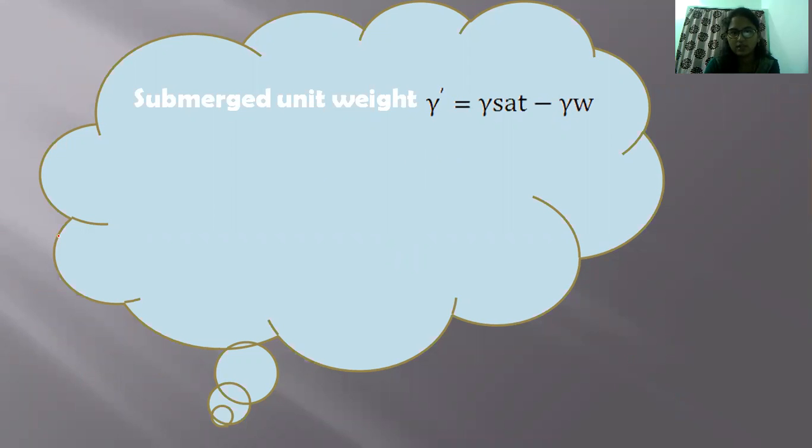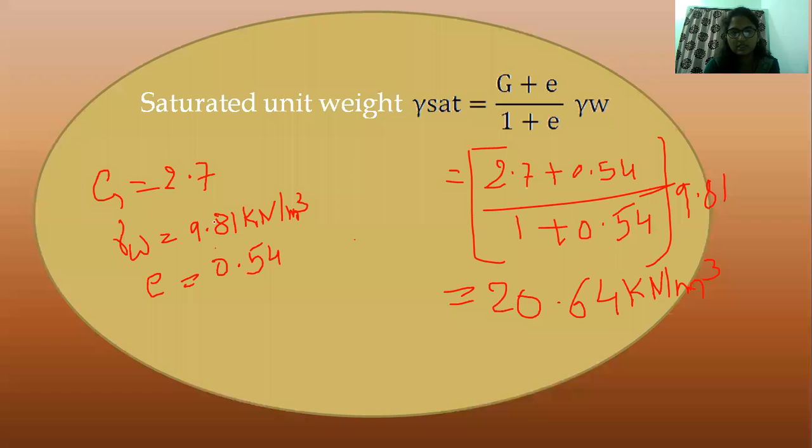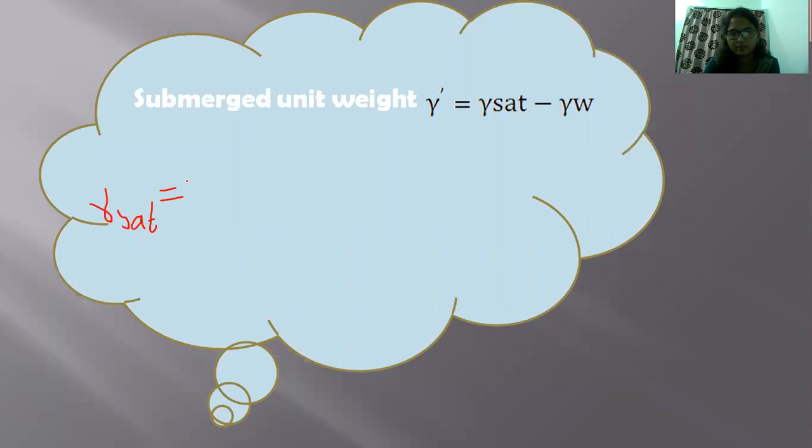Gamma sat is 20.64 kilonewton per meter cube, and unit weight of water gamma w is 9.81 kilonewton per meter cube.